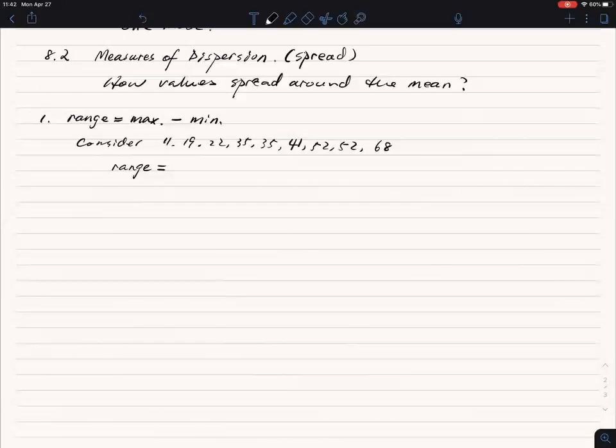The maximum is 68, the minimum is 11, so the range is 68 minus 11.